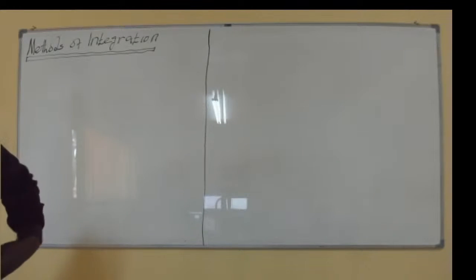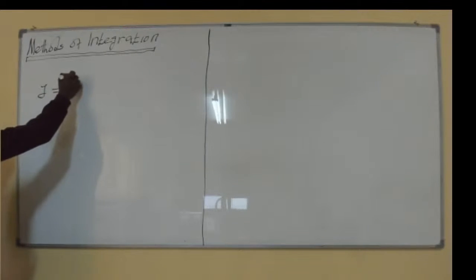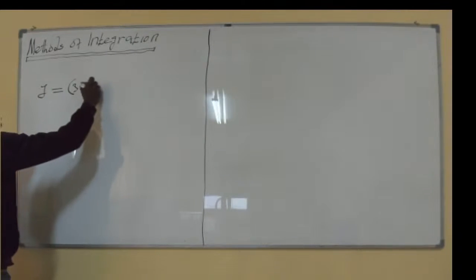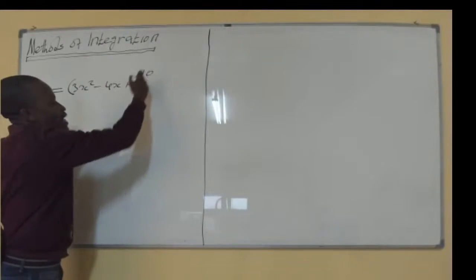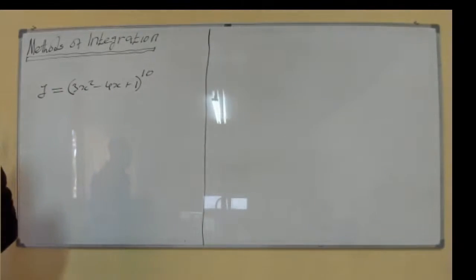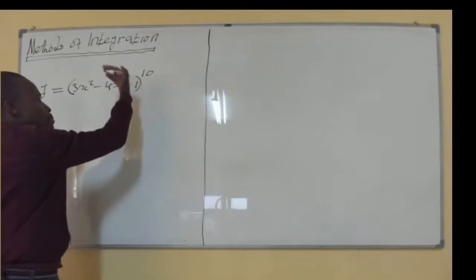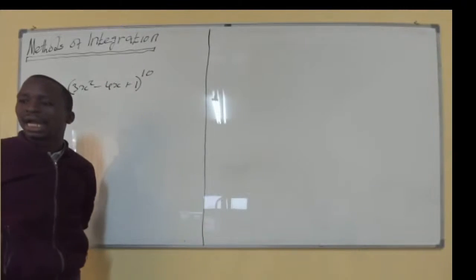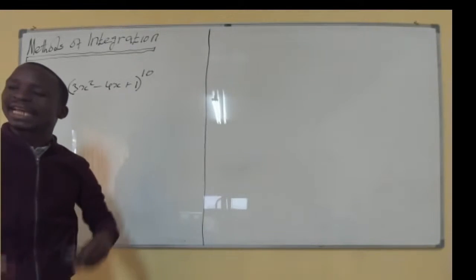Now if you recall last time, if you have, for example, a function y equal to (3x squared minus 4x plus 1) to the power 10, when differentiating, it is very cumbersome to multiply this function by itself 10 times.